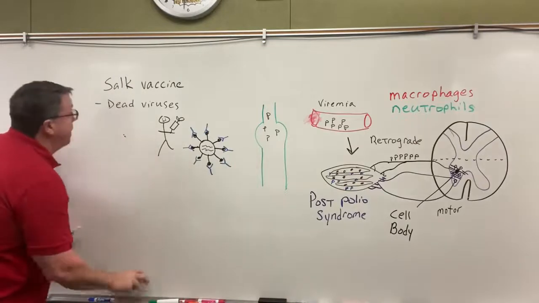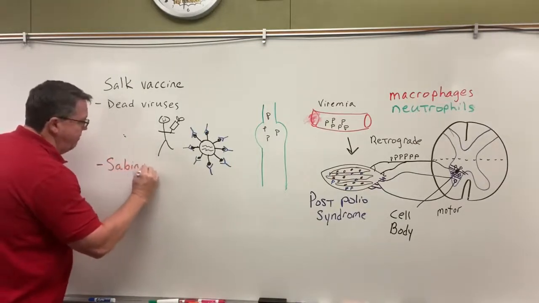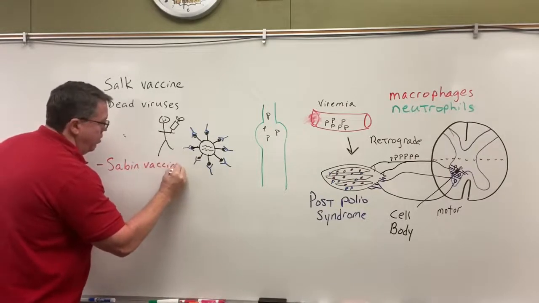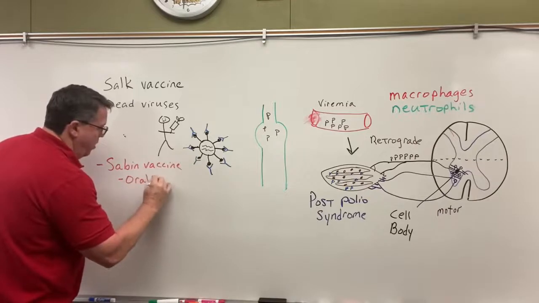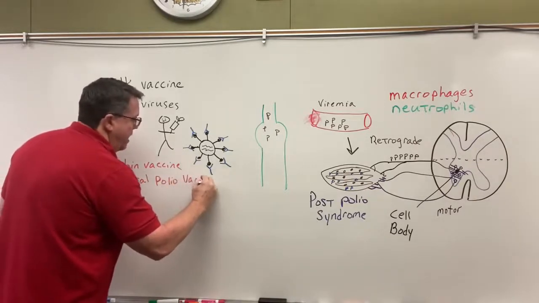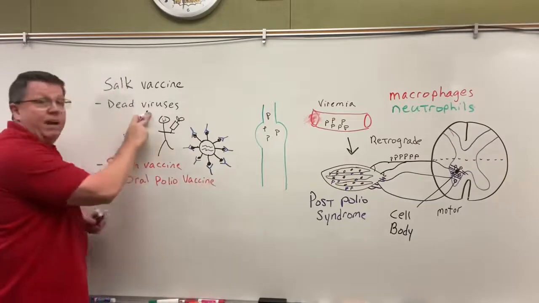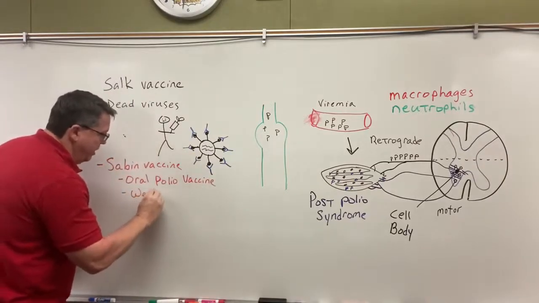The second type was known as the Sabin vaccine. And in the Sabin vaccine, you could actually take it orally. So it's also known as the oral polio vaccine. Now, instead of being dead viruses, this one, they were weakened, but they were still alive.